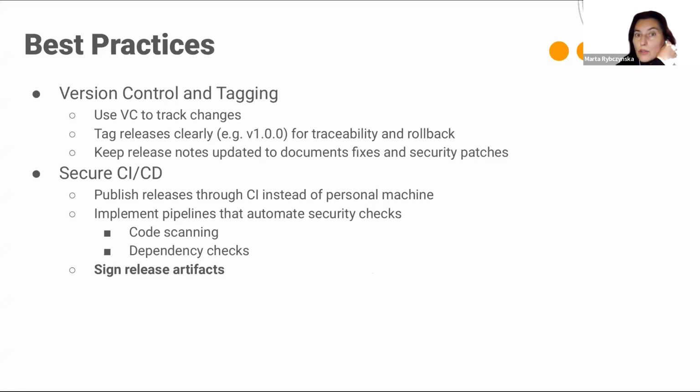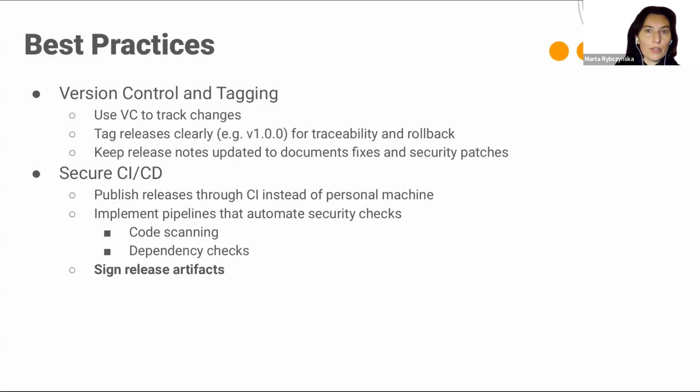So we use version control to track changes, and best practice is to tag each release so that it's easy to find just using the tag name. At the same time, keep the release notes up to date so that users know what to expect, especially if there are security fixes, so that they know that they have a high priority update in there or not, and they can review what kind of security patches there are in this new release.